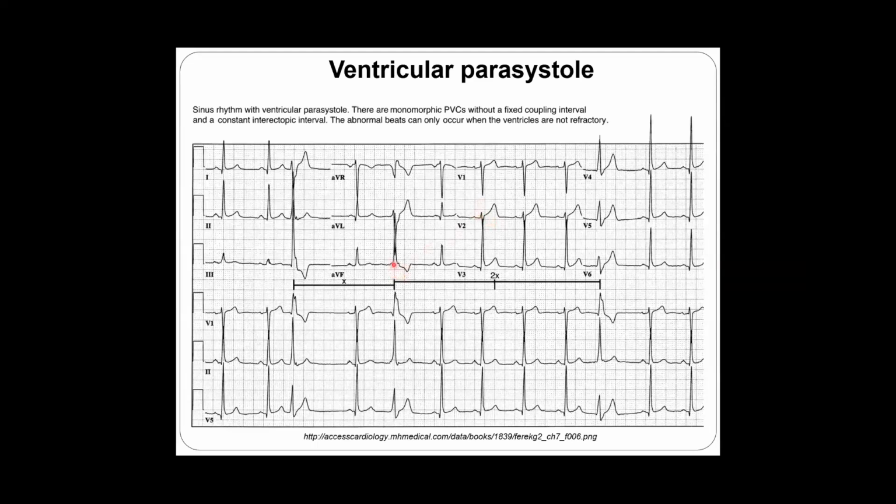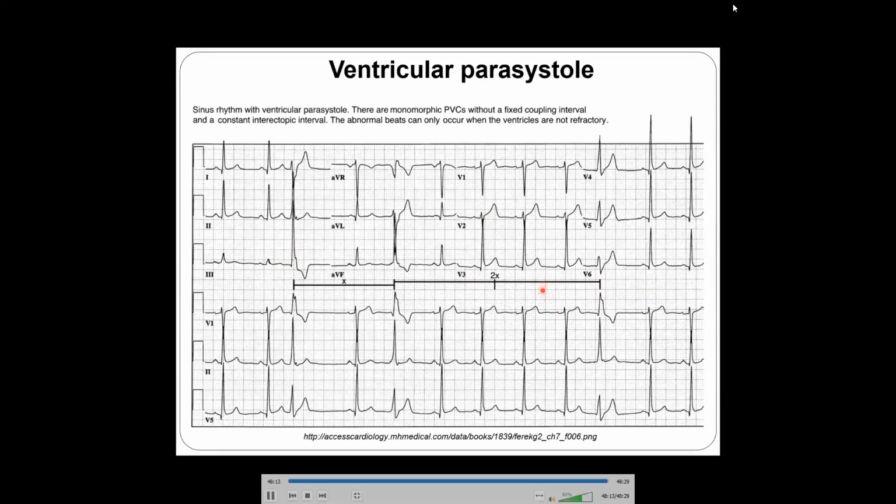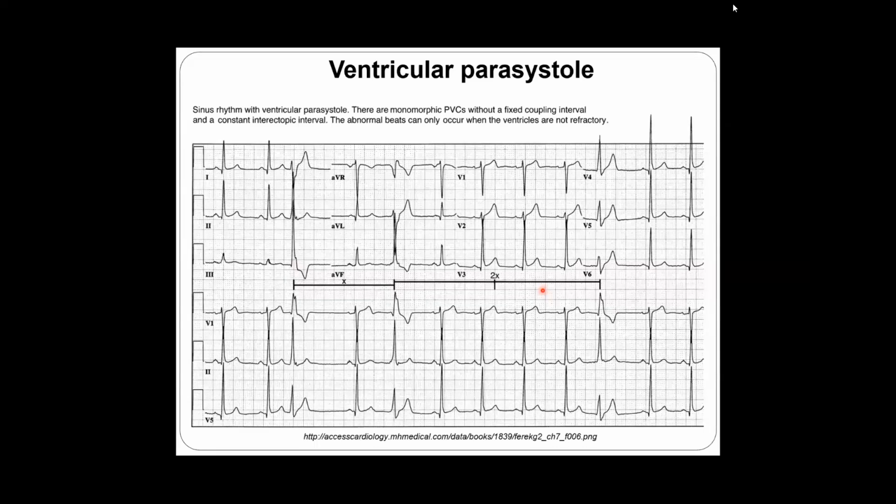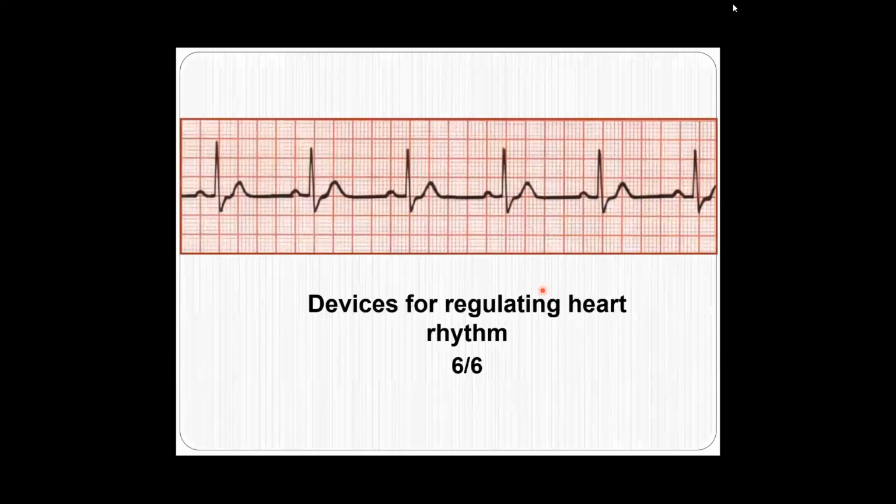However, it can affect the ventricle when the ventricle can accept the charge. If you look at this ventricle premature beat, exactly 2 times, 3 times, so proportional to each other, this is how you know that it is a parasystolia. And of course, parasystolia depends on the normal rate when the patient has tachycardia or bradycardia, and sometimes you don't see it, sometimes you see it, and this is how you can see it.